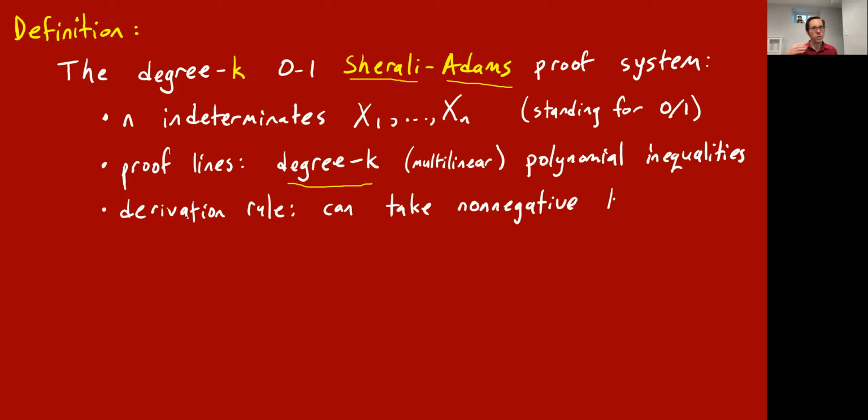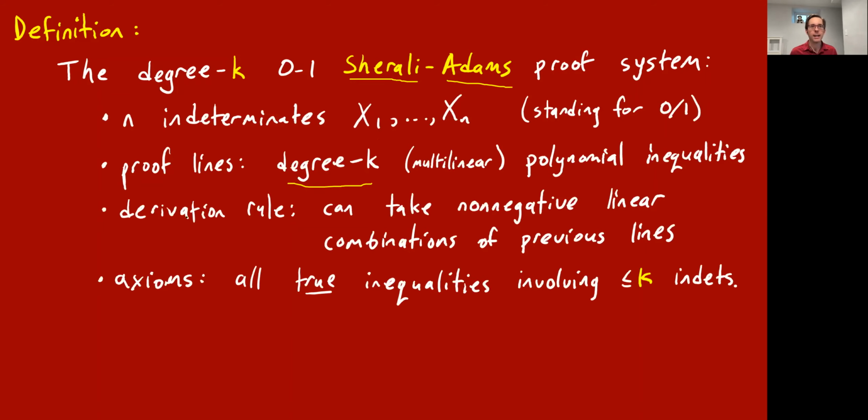And your derivation rule is going to be the derivation rule we've always used, that you can take non-negative linear combinations of previous inequalities and deduce those as new inequalities. And the axioms are going to be all true inequalities that involve at most k out of n indeterminates. Okay, in the sense that we talked about in the previous slide, if you will.